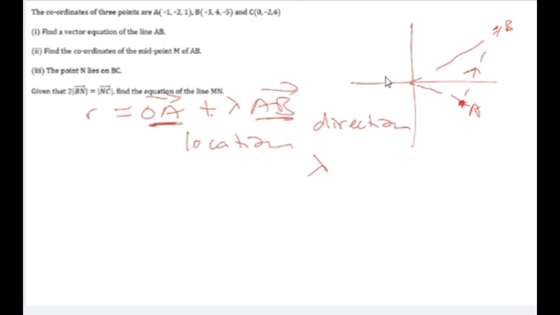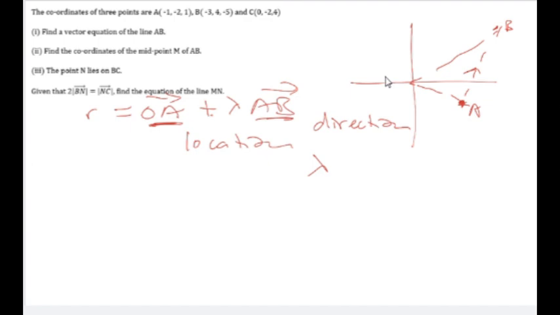So for the first part, where we are required to find the equation of the line AB, all we simply need to do is to first of all find AB. We already know OA.